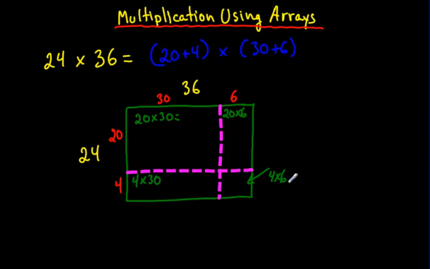And we basically now just do all the math in here, and we know that if we have 20 times 30, we have 20 groups of 30. Well, what I can do here is I can look at this, 2 times 3 is 6. Well, if 2 times 3 is 6, 20 times 30 is going to be 600.